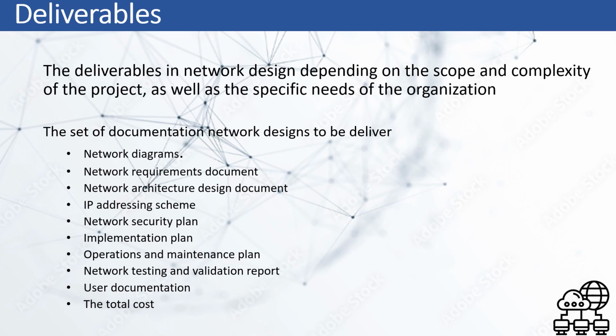However, some common deliverables in network design include the network diagram, network requirements document, network architecture design document, IP addressing scheme, network security plan, implementation plan, operations and maintenance plan, network testing and validation report, and user documentation. And lastly, the most important is the total cost.